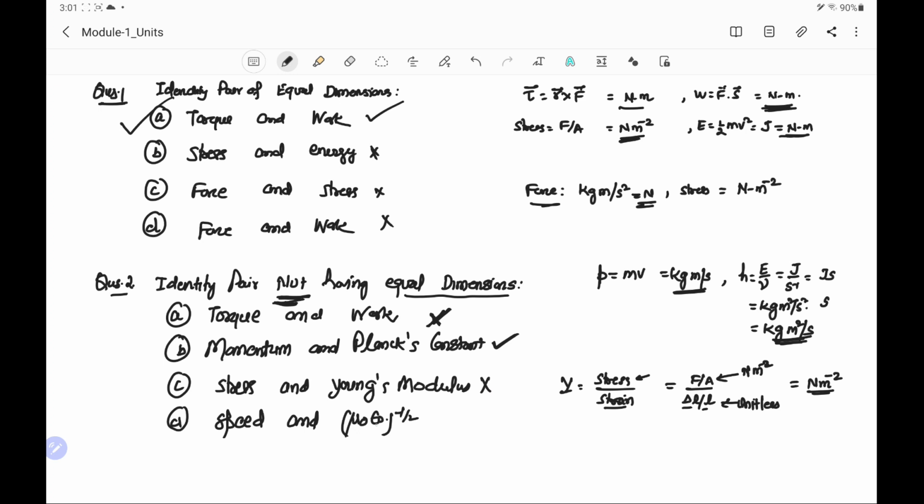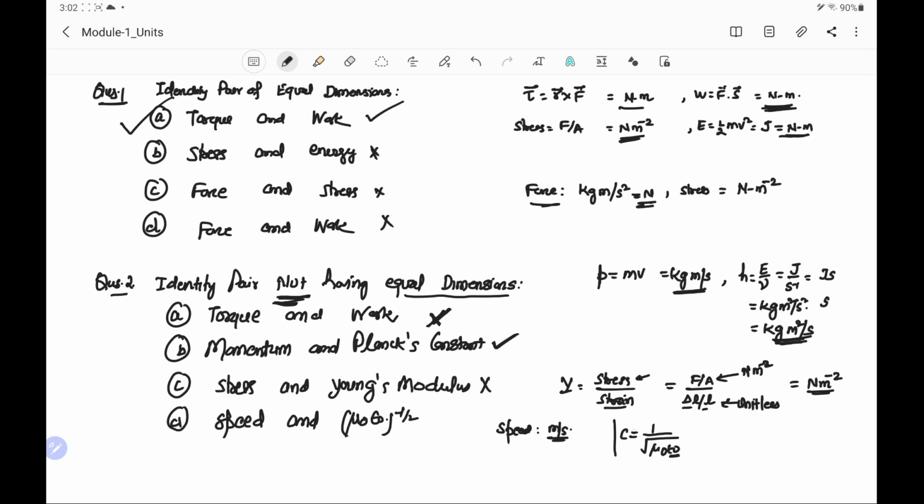Speed and mu naught epsilon naught power minus 1 by 2. Speed has the unit meter per second. And for mu naught epsilon naught power minus 1 by 2, actually we should remember the formula c equal to 1 by square root of mu naught epsilon naught. Mu naught is the permeability of free space, and epsilon naught is the permittivity of free space.